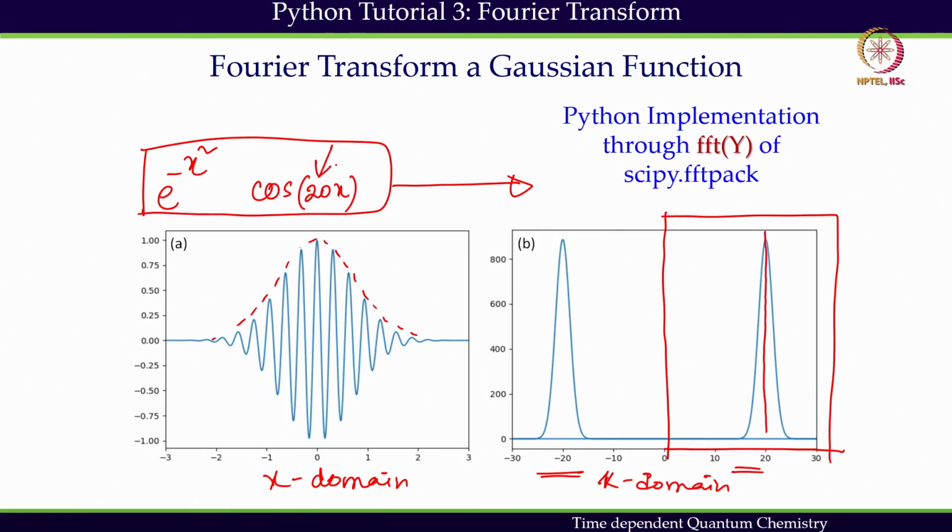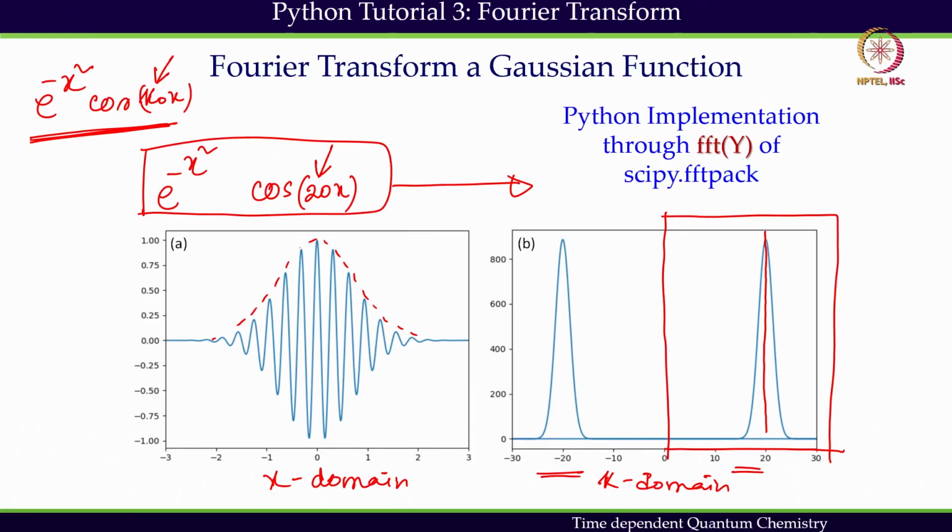And that should be, because we know from the discussion of the wave packet that if I have a Gaussian wave packet represented by e to the minus x square cos k naught x, it means that the average spatial frequency component is going to be k naught.